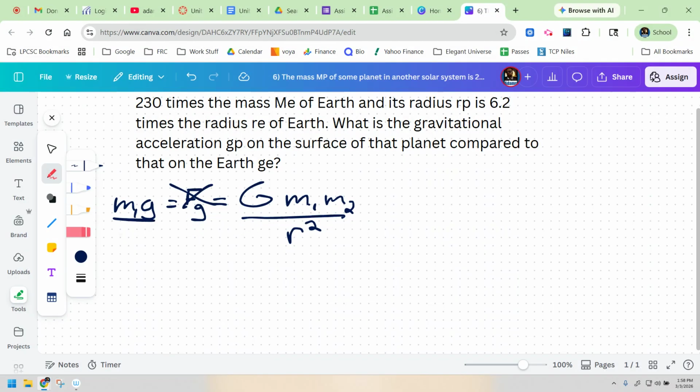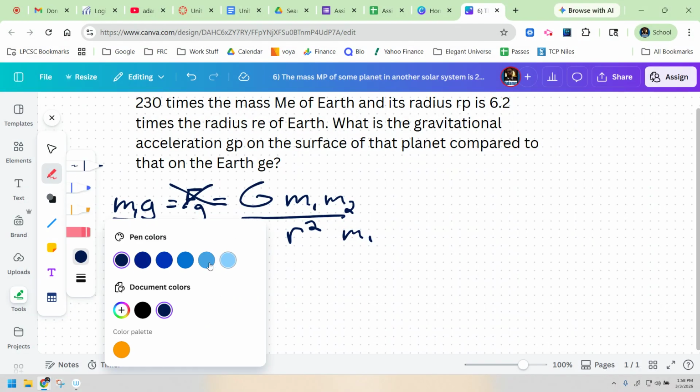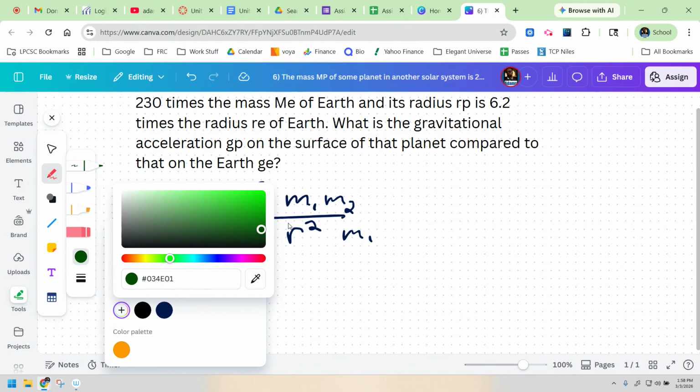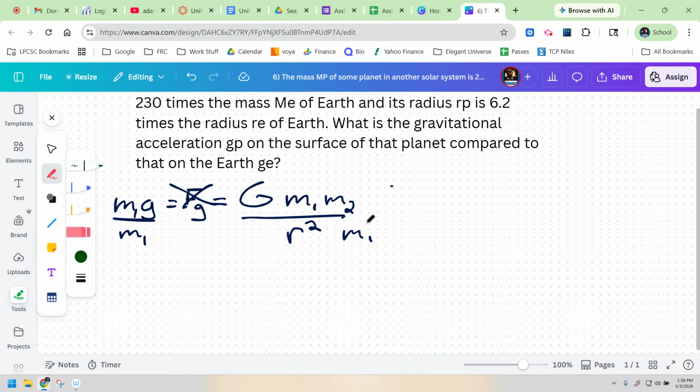If I divide both sides by the mass of the first object, the mass is irrelevant, and the acceleration due to gravity is based on the mass of the Earth and the radius of the Earth, or whatever the object is. So these cancel, and I get a new formula: the acceleration due to gravity is the gravitational constant G times the mass of whatever object you're measuring divided by the radius of that planet. Okay?